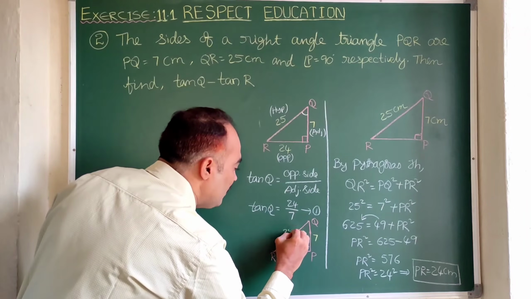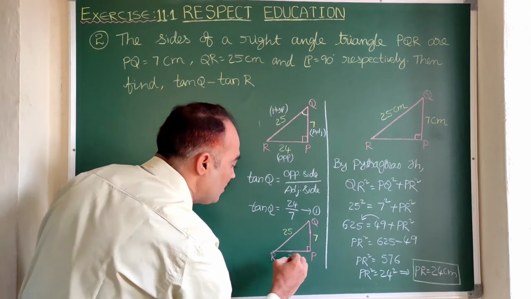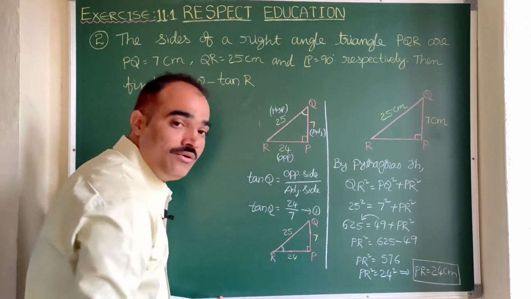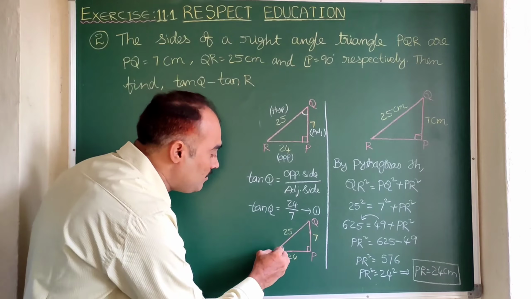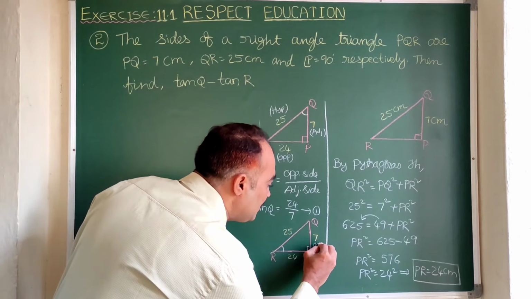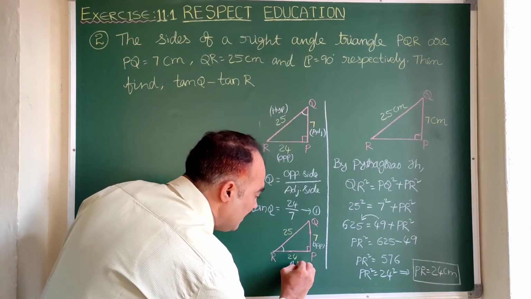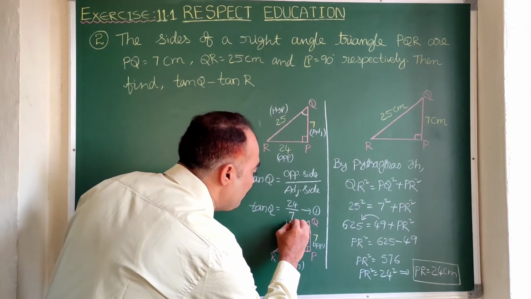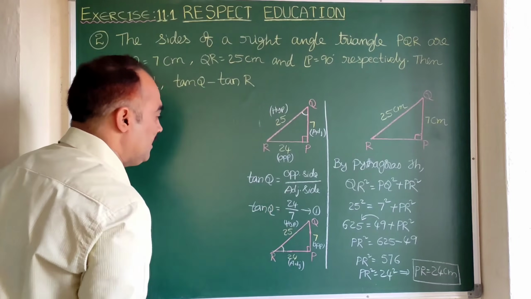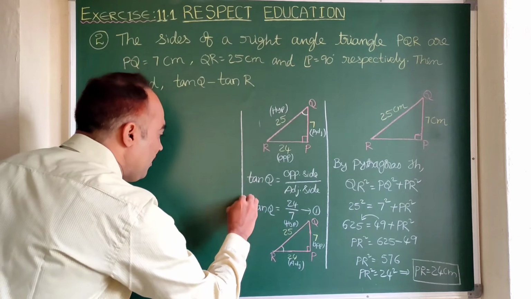This is 25 and this is 24. Now you just imagine that you are at R. Where are you now? You are at R, so what is the opposite side? PQ. So this is the opposite side, this is the adjacent side and this will be the hypotenuse. Clear?